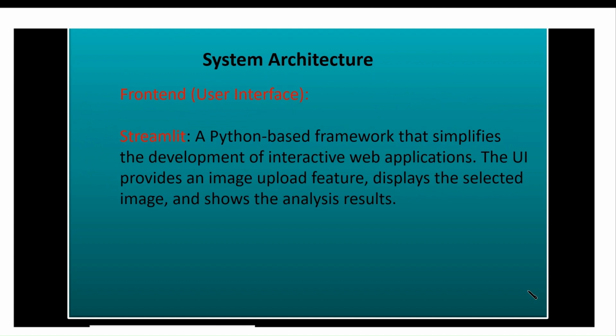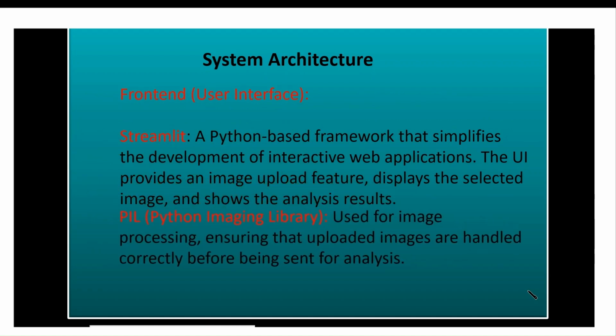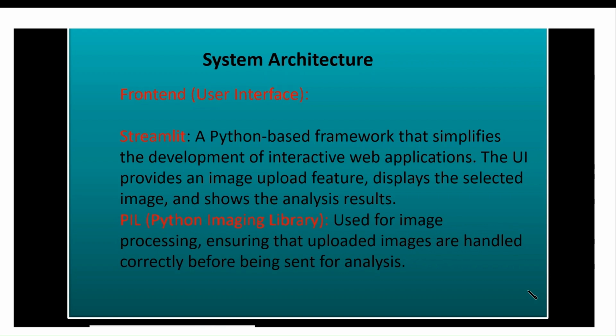It was developed with the help of Streamlit, which is a Python-based framework that simplifies the development of interactive web applications. We also look at the Python Imaging Library that was used in managing image processing, ensuring that uploaded images are handled correctly before being sent for analysis.